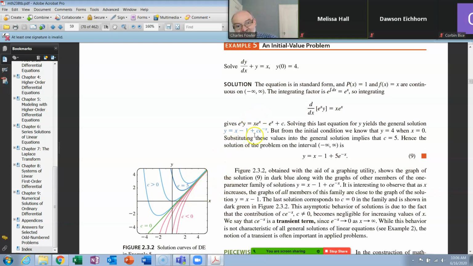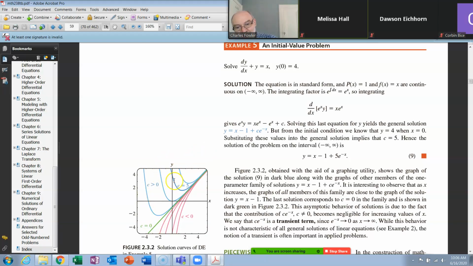For small x's, this blows up. This gets incredibly big, and this gets negligible. Your functions here do all sorts of things. When c is negative, you're somewhere below this line. When c is equal to 0, you're right there. When c is positive, you're over here.